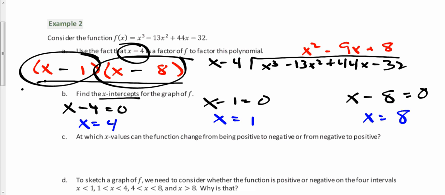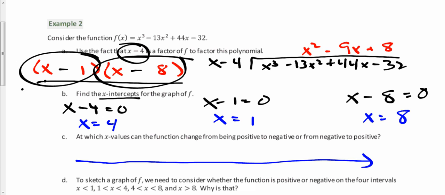Now, at which x values can the function change from positive to negative or from negative to positive? It's a weird question. Sounds weird. What does it mean? If I was to draw a number line, I'll do it on here so my viewers at home can see. I got 0 in the middle, I got all my negatives here, and I got all my positives here.